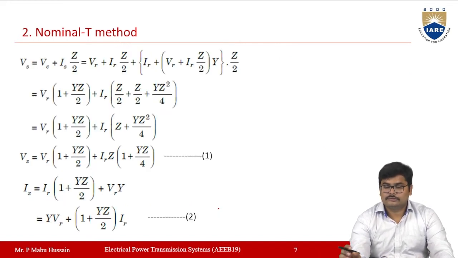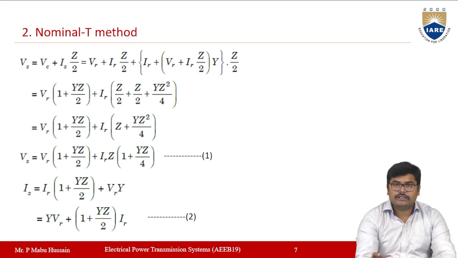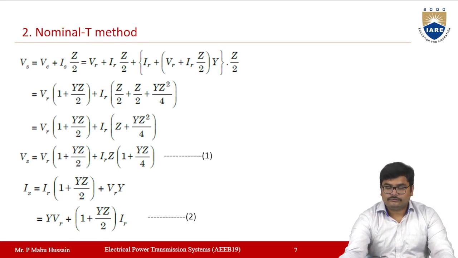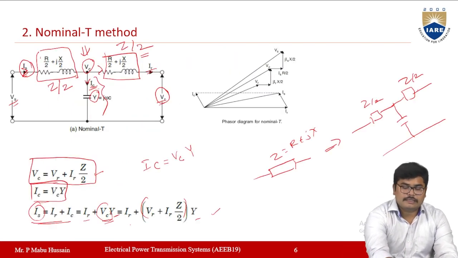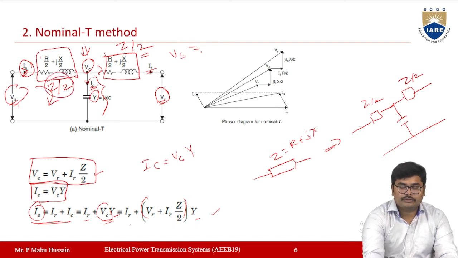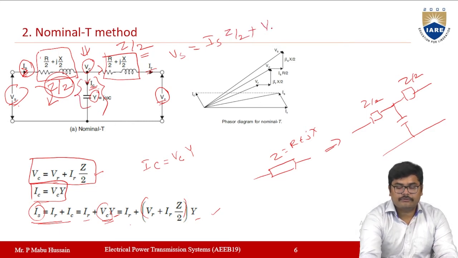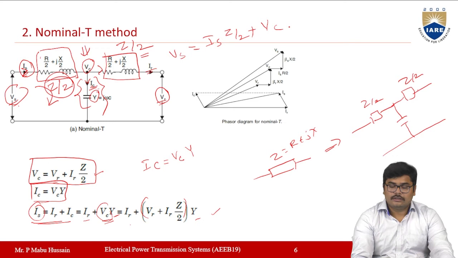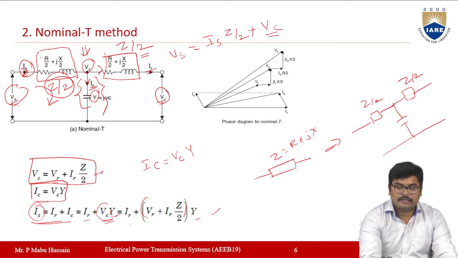Okay. So now the sending end voltage, if you see the diagram and write the KVL loop here, Vs is equal to the drop across this Z by 2, which is Is into Z by 2, plus the voltage across this capacitance, which is Vc. And this Vc value is again VR plus IR into Z by 2.